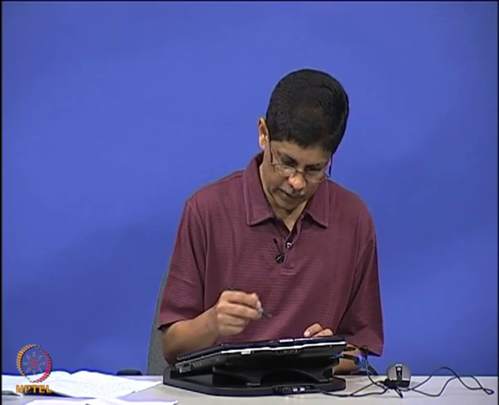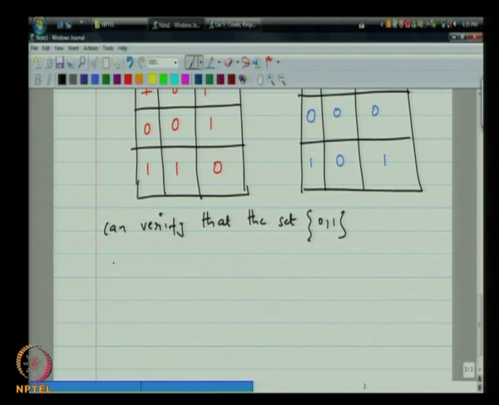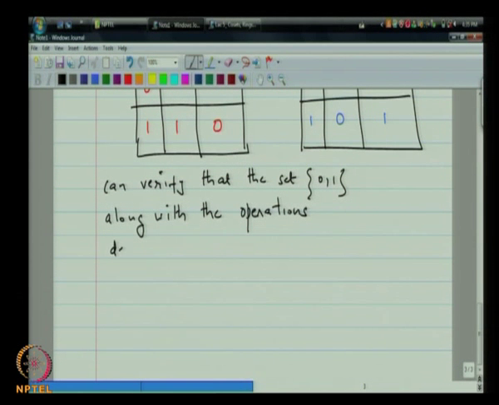So let me just make a note of that. One can verify that the set {0, 1} along with the operations defined as above forms a field.